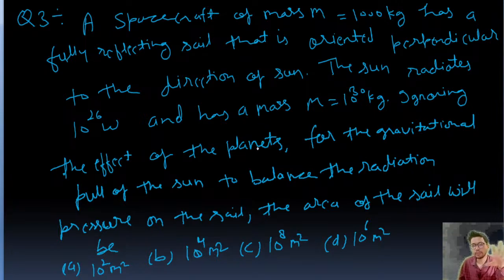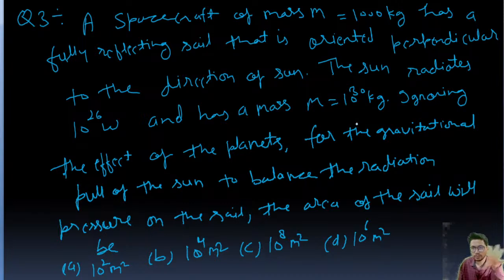Ignoring the effects of other planets, for the gravitational pull of the sun, to balance the radiation pressure on the sail, what should be the area of the sail?